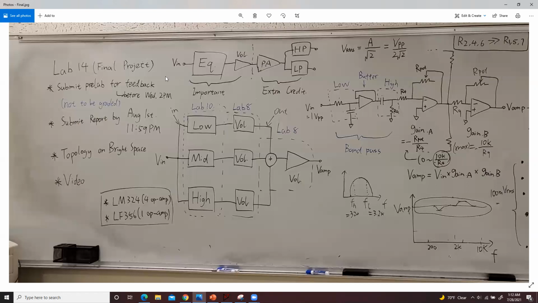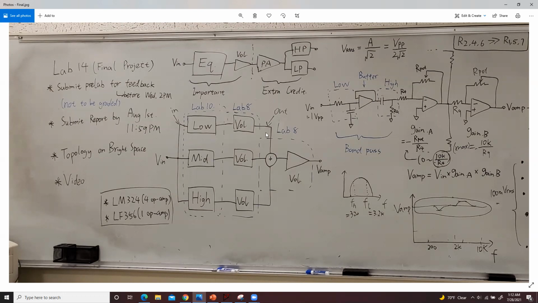Okay, so this is the block diagram for your project. This is an equalizer, and the equalizer is inside of the speaker. When you think about a speaker, the speaker has a music signal. Sometimes we only want to hear music that has strong bass.